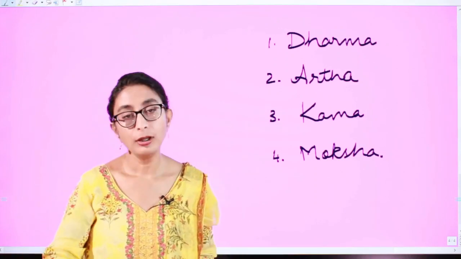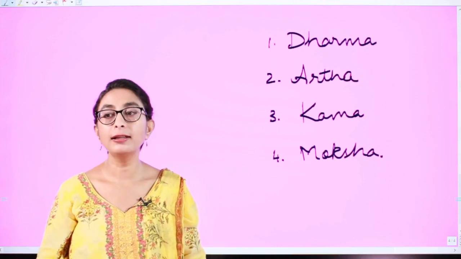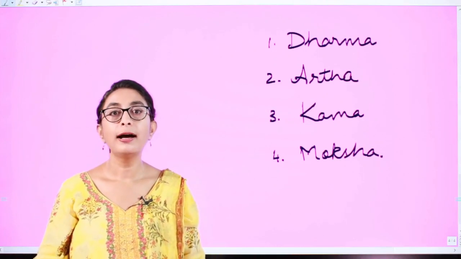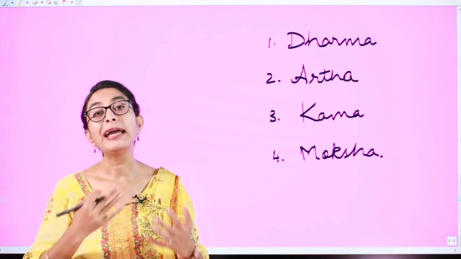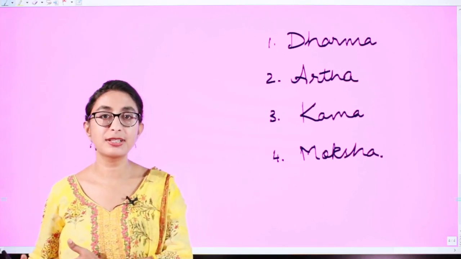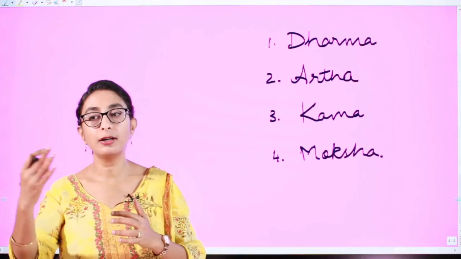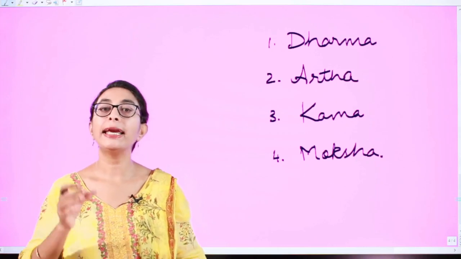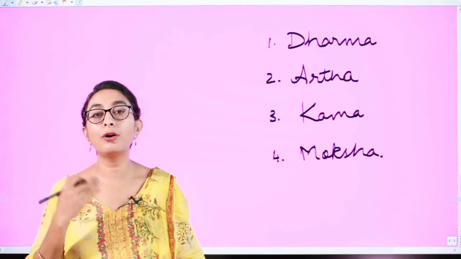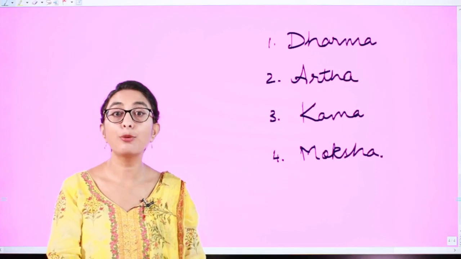Okay, so the four goal orientations, that is dharma, artha, kama and moksha, are the four goals which a Hindu should follow during his lifetime in the different ashrama stages. So even the ashrama stages I will be discussing shortly. So these four goals which have to be followed by a Hindu in his lifetime according to the ashrama stage which he belongs to are called Purushartha.